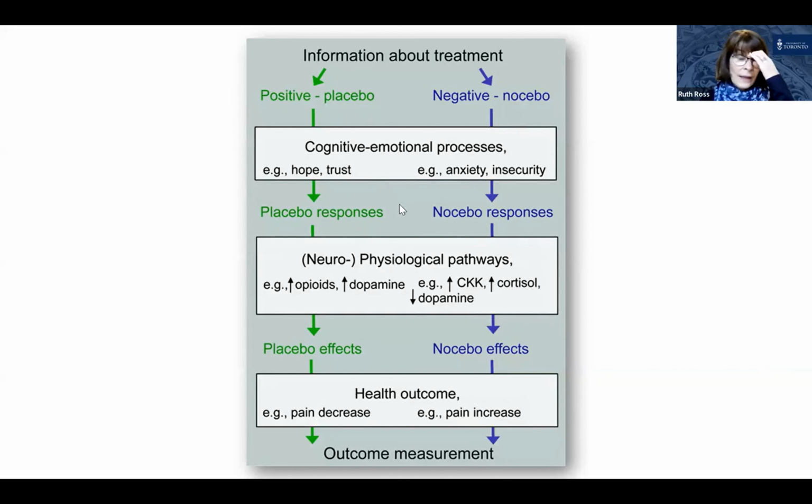And then there's these actual real physiological pathways that are impacted by these emotional cues, and actually affecting things like opioids, which are natural painkillers, and dopamine, which does affect our mood. So without the drug doing anything to those things. And then there's the actual health outcome, which can in fact be pain increase or pain decrease or whatever, depending on the different situations of the context.